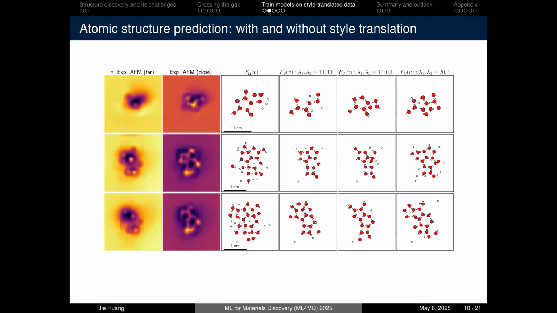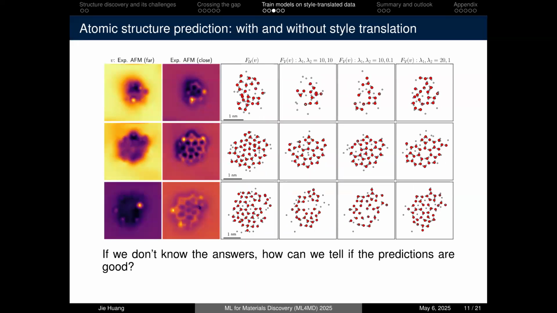Yes. For example, for this given image, the structure discovery model can output an image like this, but if we rotate this image, ideally it will generate just the rotated image, but actually it is slightly different from this.